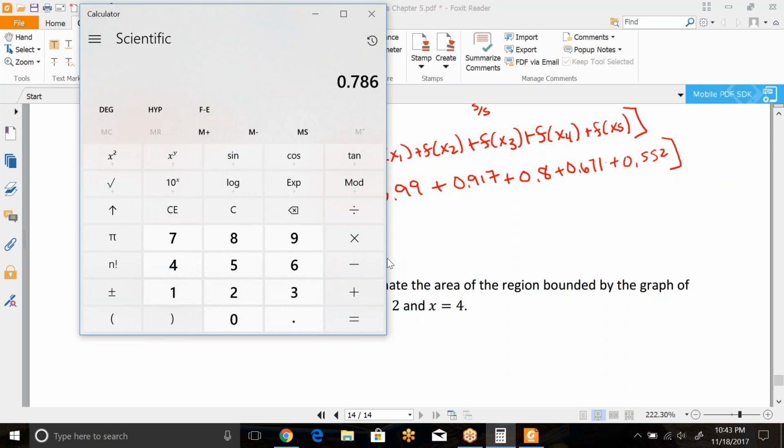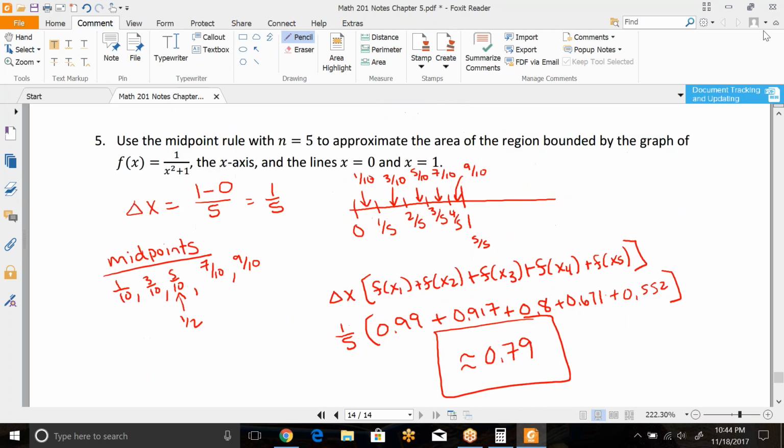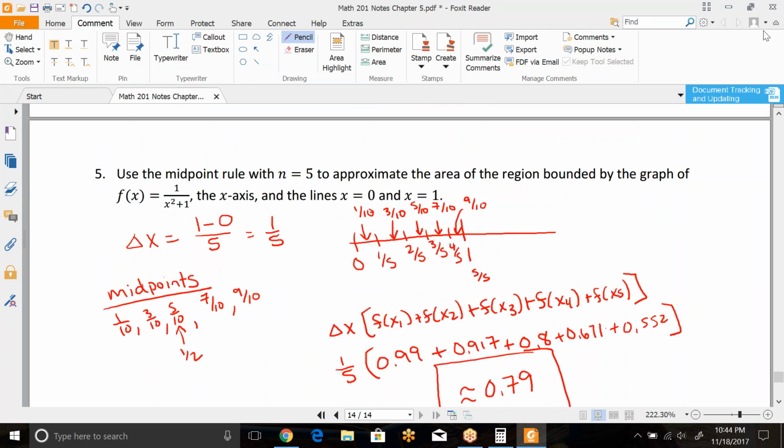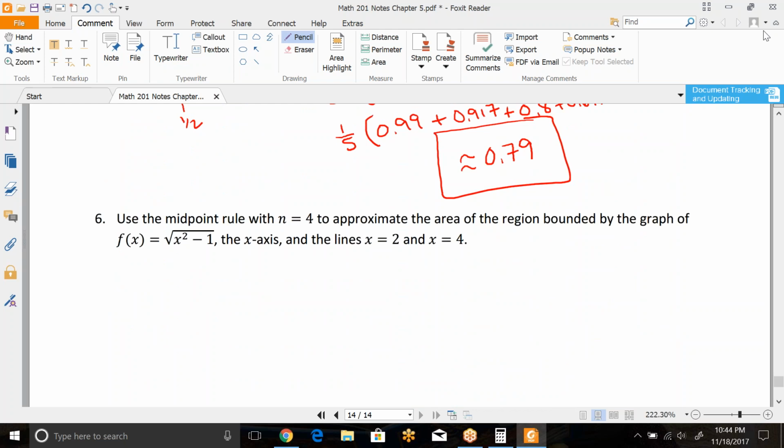And we're getting 0.79 rounded to 2 decimal places. So 0.79, which is pretty good since we would not have been able to find this one any other way, since we don't know how to take the antiderivative of 1 over x squared plus 1, because we don't have an x in the function to be that 2x that you would need for the chain rule. So that's pretty interesting that we can now find that area.